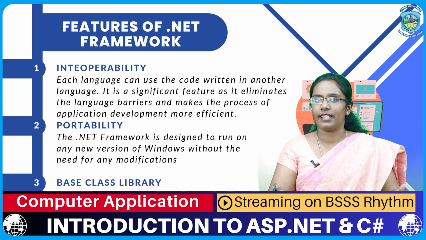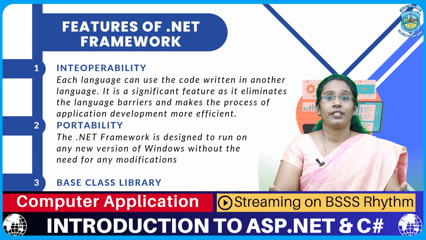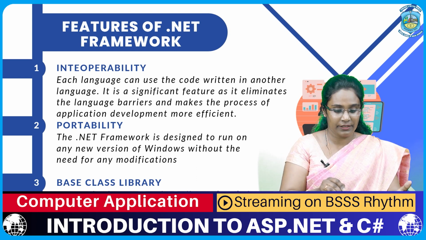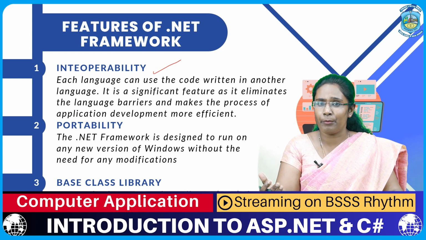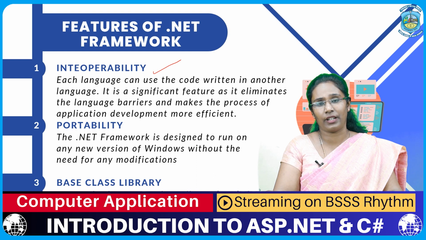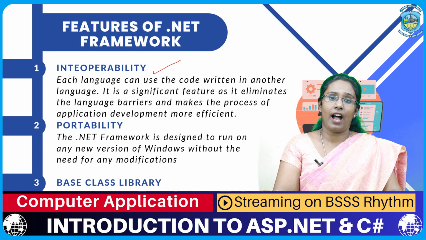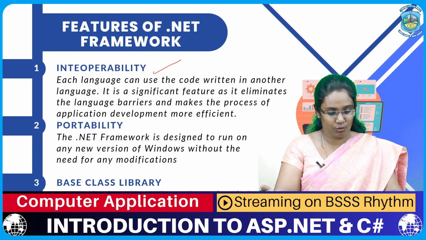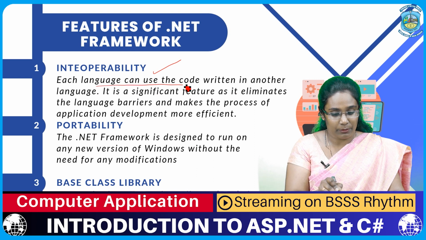Now let us see some features of the .NET framework. The first one, interoperability. We have seen the number of languages which can be used under .NET. As I told, 60 programming languages are supported in .NET. So each language can use the code written in another language.